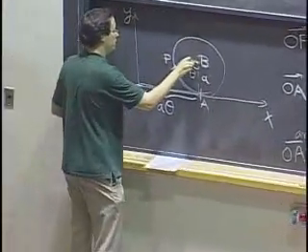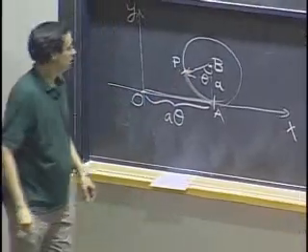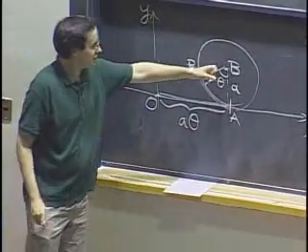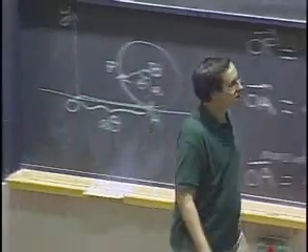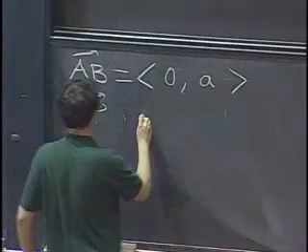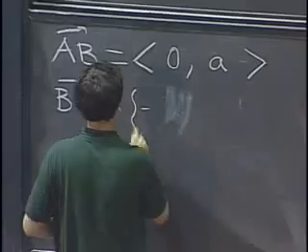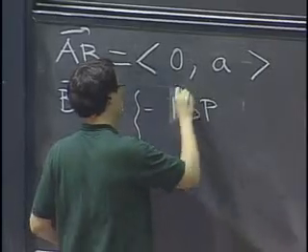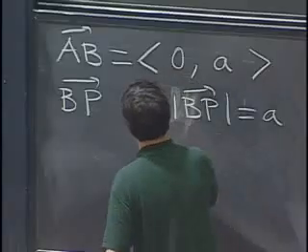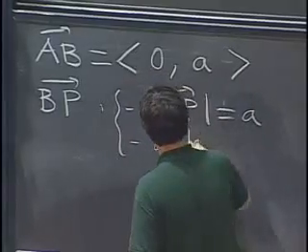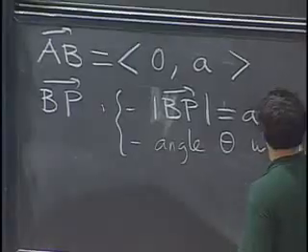So vector BP, we know 2 things about it. We know actually its length. So the magnitude of BP is A, and we know it makes an angle theta with the vertical.